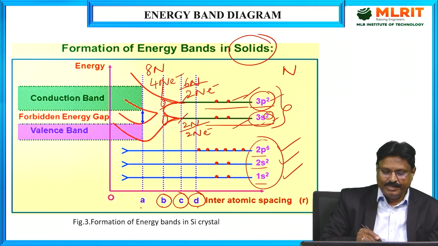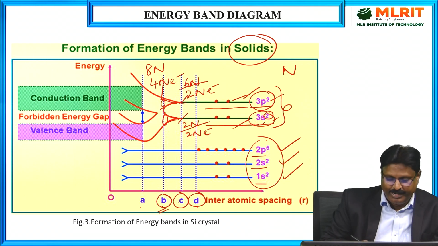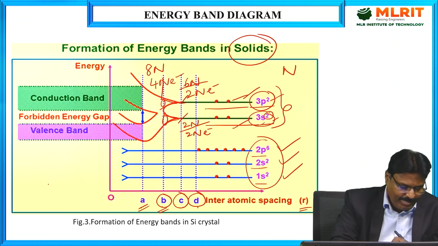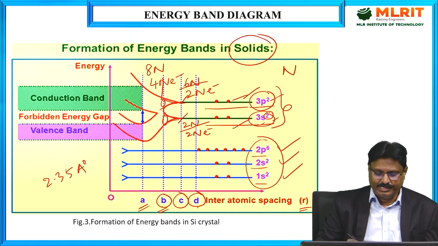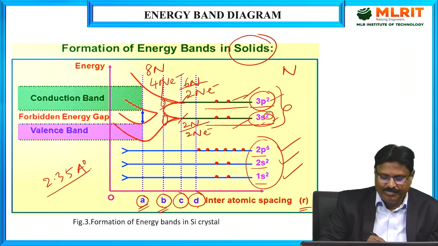So that is the status at R equal to B. At R equal to A, the typical value will be 2.35 angstrom units, and 1 angstrom unit is equal to 10 to the power of minus 10 meters. At R equal to A, what is happening here?